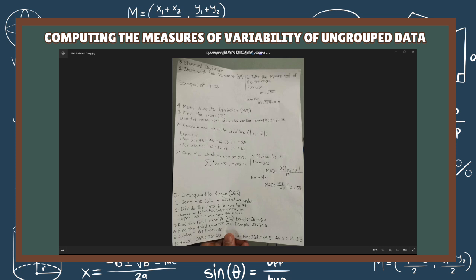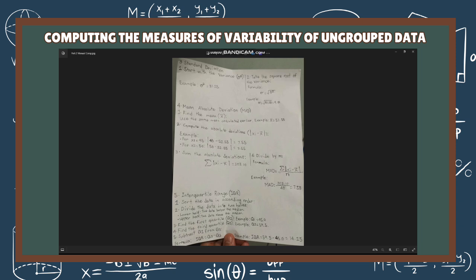Arrange all values from smallest to largest, like the lowest scores to highest scores, guys. Then step 2, divide the data into halves. Lower half, the data below the median, then upper half, the data above the median.